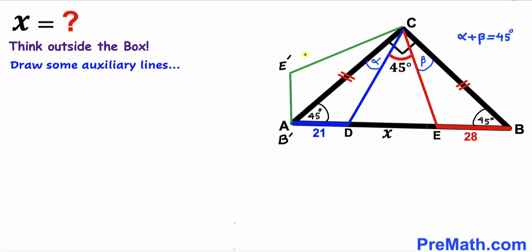As you can see in this next step, I have drawn these auxiliary lines, and I have translated this triangle BCE over here. This triangle has become B prime, C and E prime. And this 45 degree angle shows up over here.